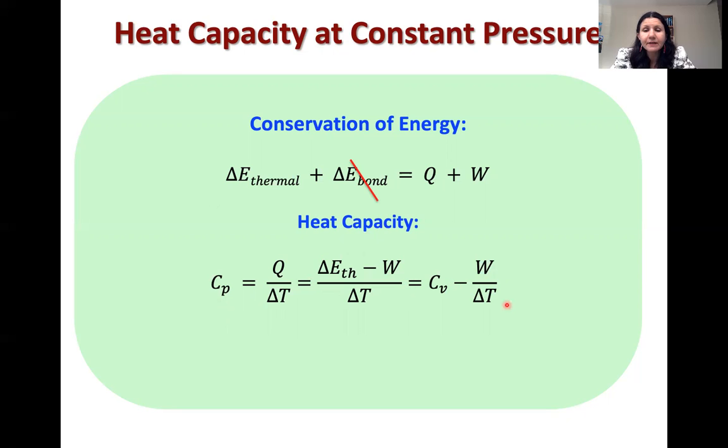So if we rewrite this, delta E thermal over delta T is by definition the heat capacity at constant volume, but now we are subtracting this term, which is work over delta T.